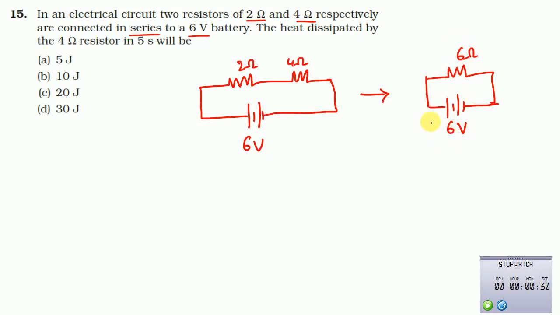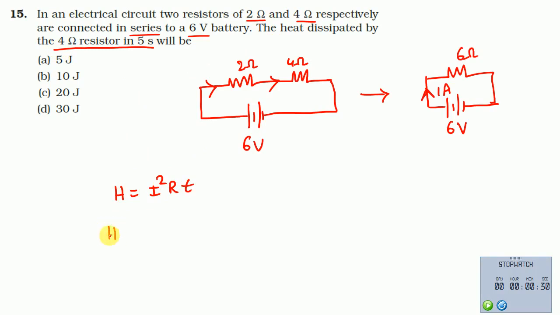V equal to IR, so obviously 1 ampere will be flowing through it. In series, the same current flows through both, right? Heat dissipated in the 4 ohm resistor in 5 seconds: the formula is I square RT.